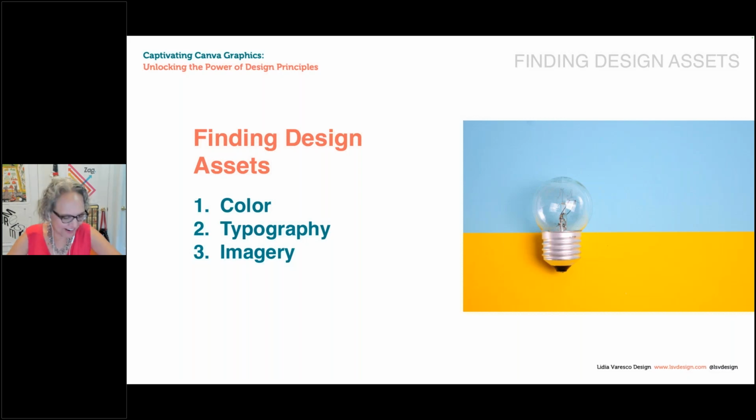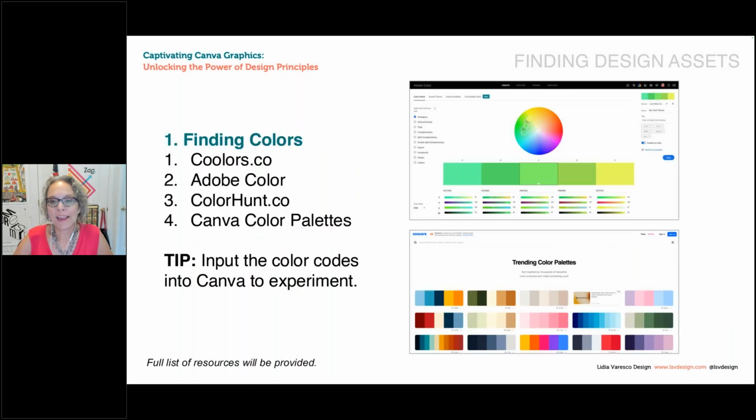Okay, now we are getting close on time, so I'm going to run through these a little bit quickly. But I also wanted to talk a little bit about finding design assets to use in Canva. So I know that there are a lot of things already built into Canva, but there are also a lot of outside sources you can go to. So we'll first talk about color. And again, you're going to get all these resources after the presentation, so don't worry about taking notes.